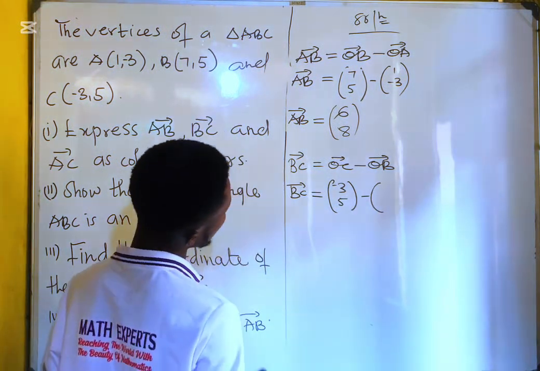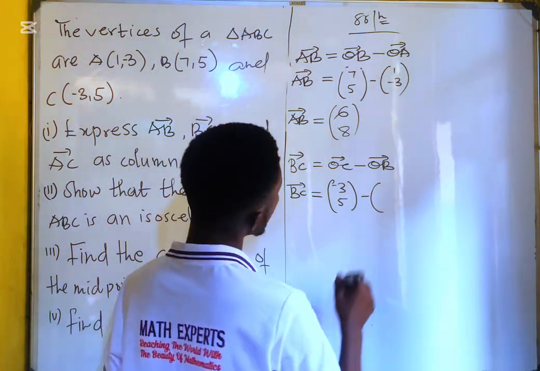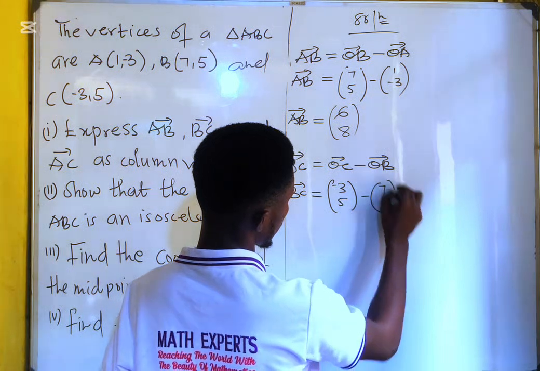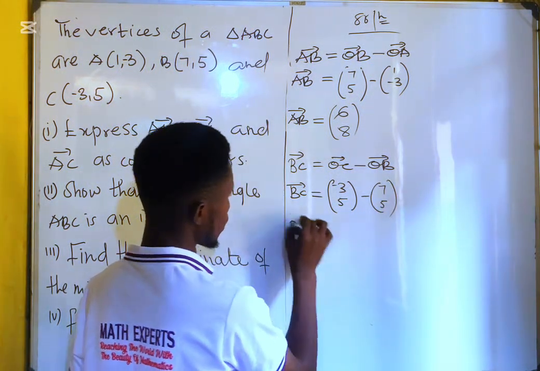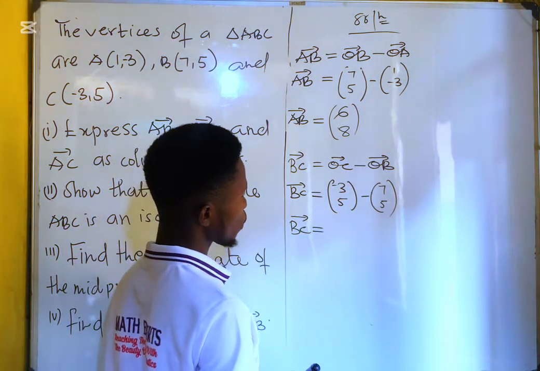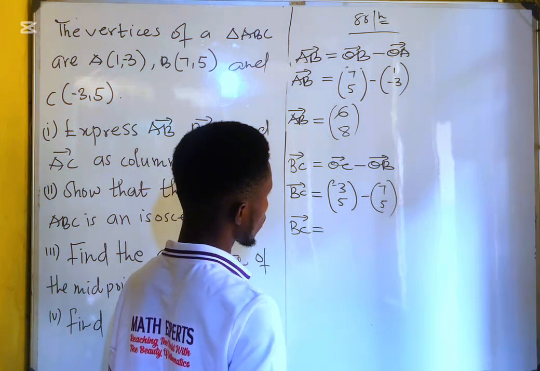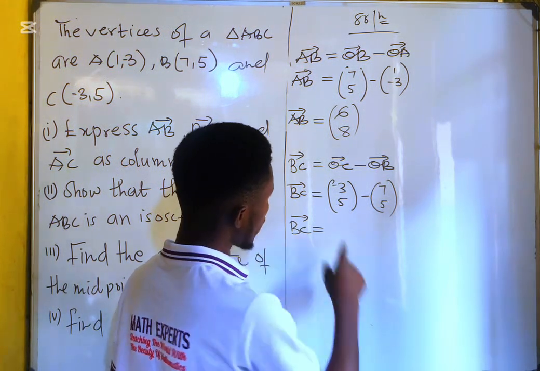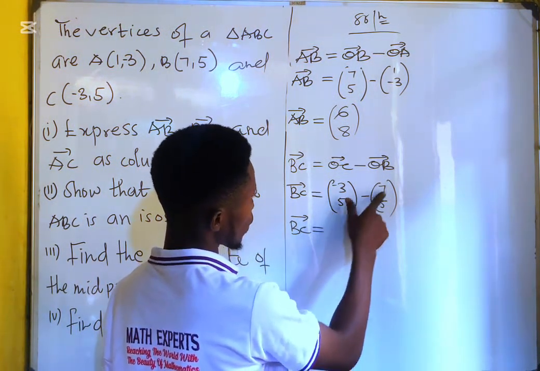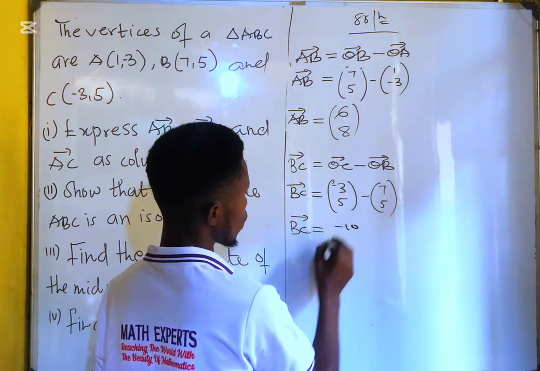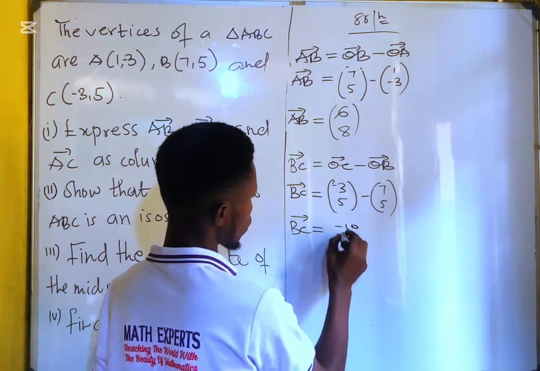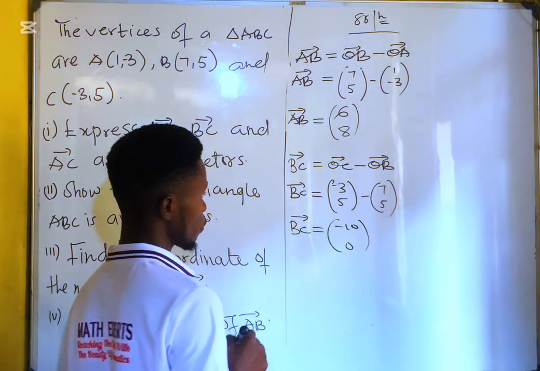Our B is (7, 5). So BC equals, -3 minus 7 is -10. 5 minus 5 is 0. So this is what you are going to have.